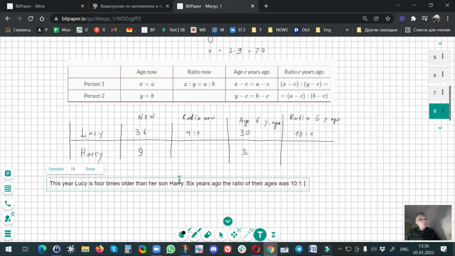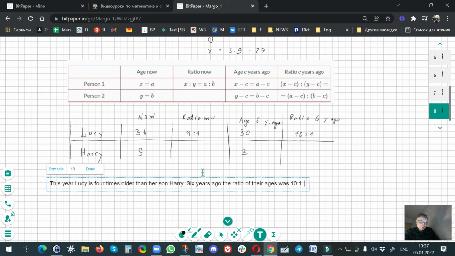And now you can ask whatever: find their ages, or what is the sum of their ages now, or what is the difference of their ages, which stays the same. Of course, we understand that when the son was born, his mother was a definite age, and then this difference stays on. It's an invariant. So there are so many possible variants to ask something.